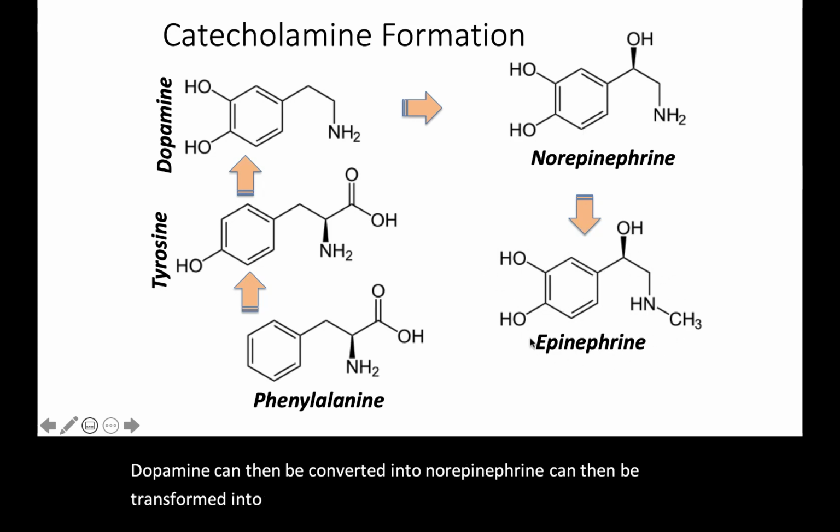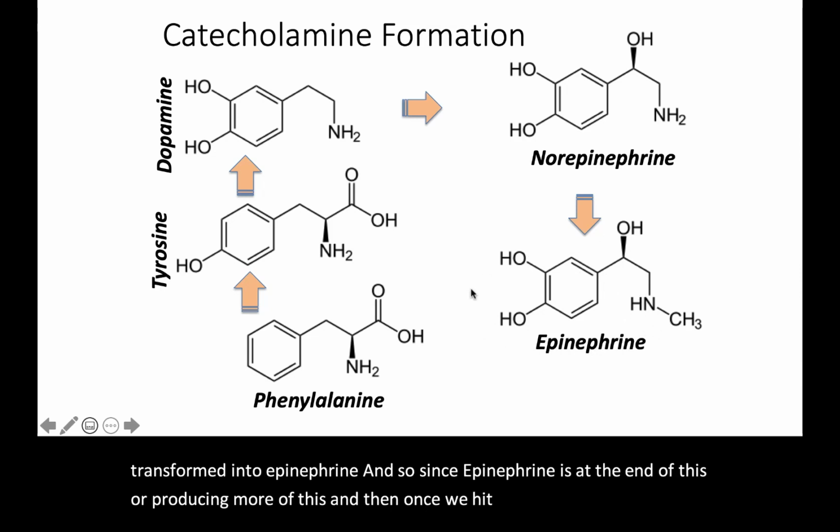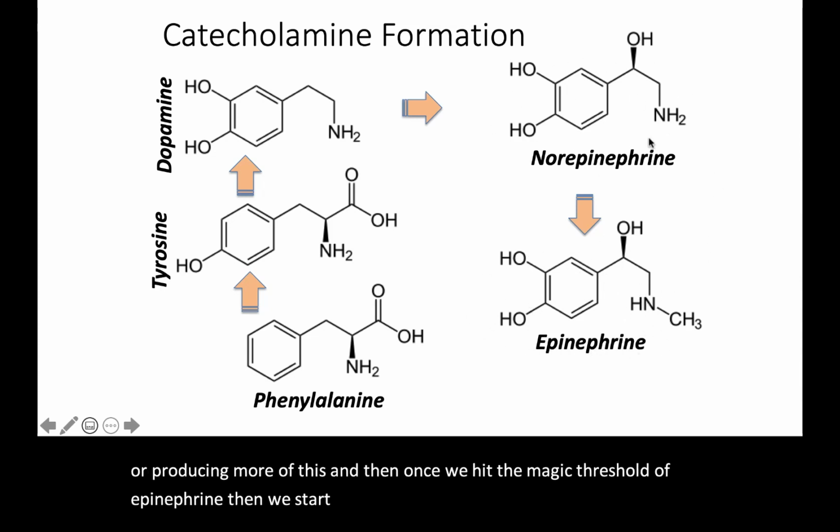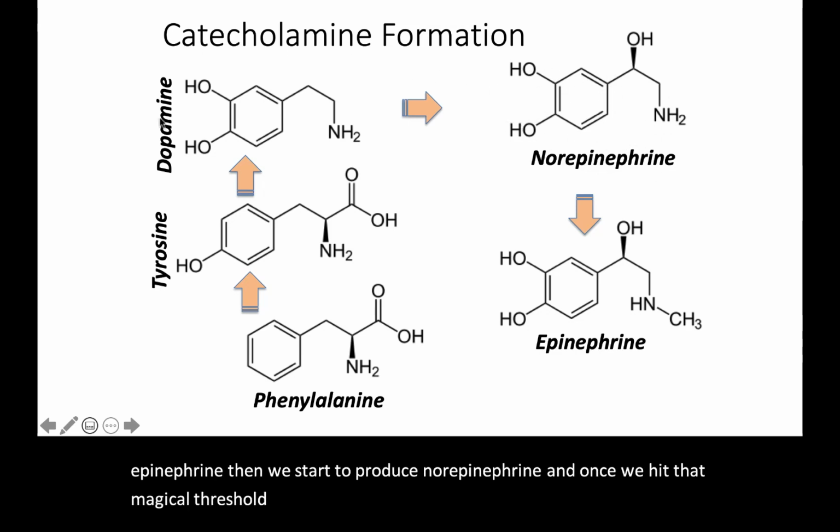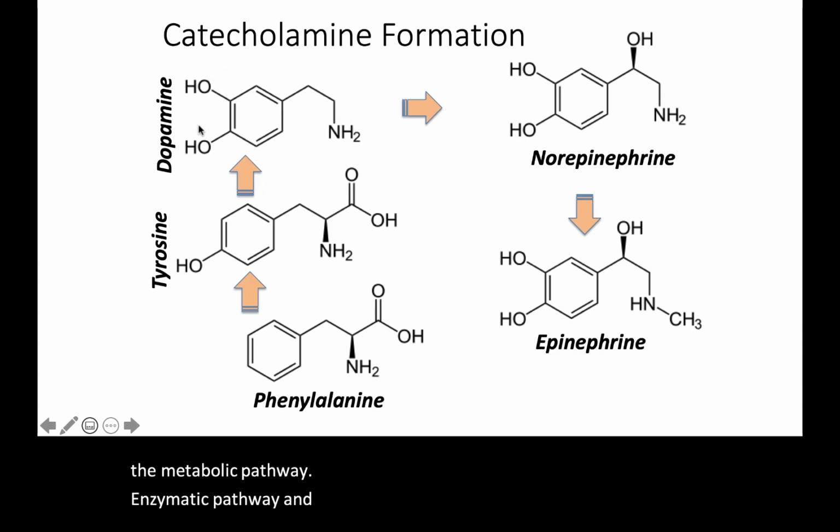Since epinephrine is at the end of this pathway, we're producing more of it. Once we hit the magic threshold of epinephrine, then we start to produce norepinephrine. Once we hit the threshold of norepinephrine, we stop that enzymatic pathway and start producing dopamine.